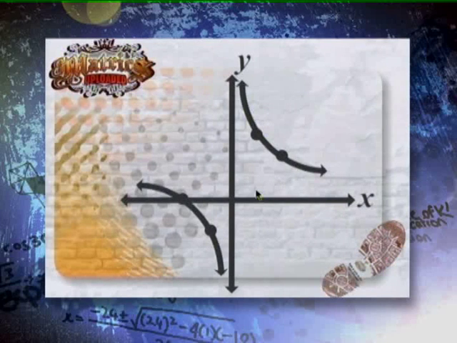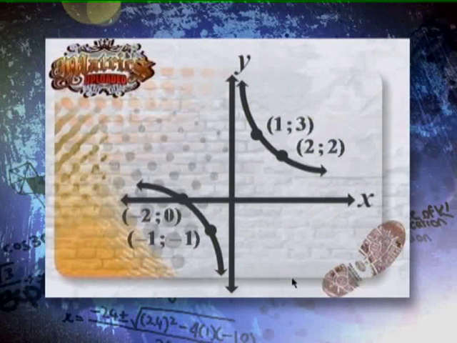Okay, now guys, Nelson, take it further. Let's see. What are we going to do if we take 2 over x and we add 1 to the y values? I think the graph's going to shift up. Now have a look. If we add 1, we're going to have this. These are the points, -2 and 0, -1 and -1, from the table, guys. You'll simply get this from the table.